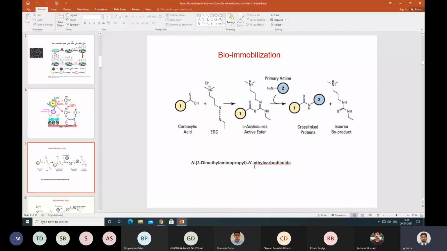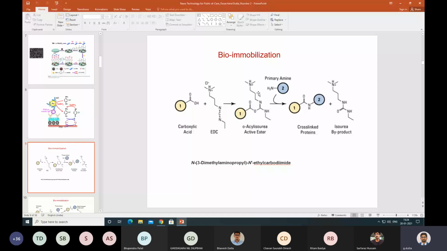No need to remember the full name. Just say EDC. So you activate the COOH group by reacting with EDC. We mix these two together, then it can form a complex with the carboxylic acid group.